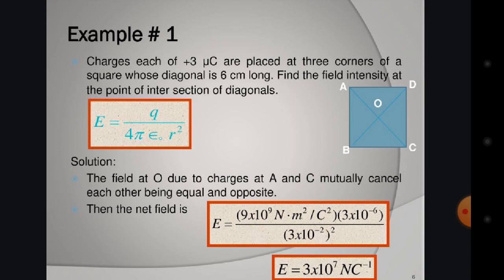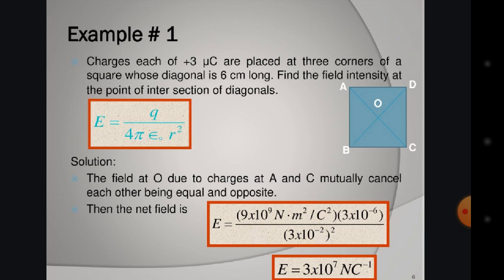So you see, if you just do the multiplication, you will be able to find the electric field intensity of those 3 positive charges, not 2, at the point of intersection of the diagonals.